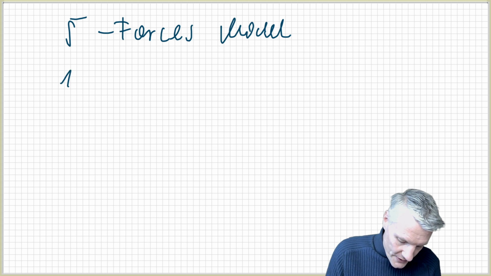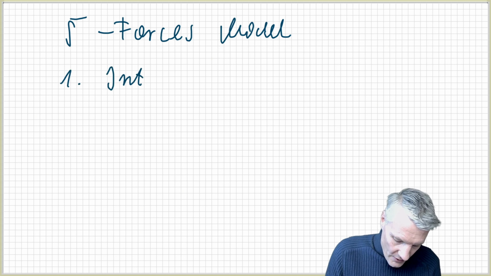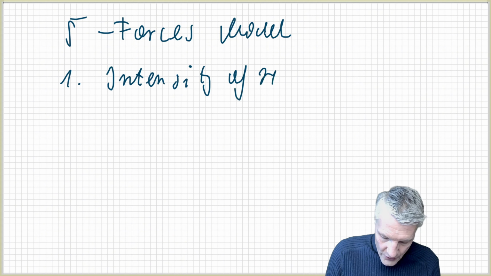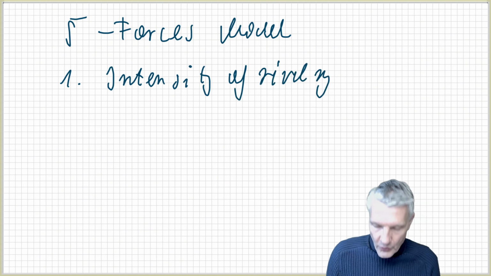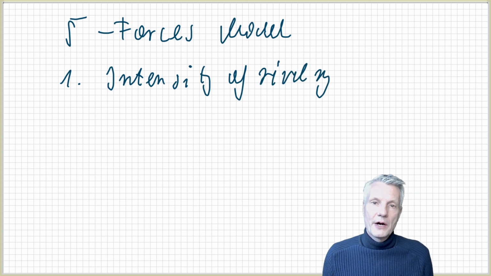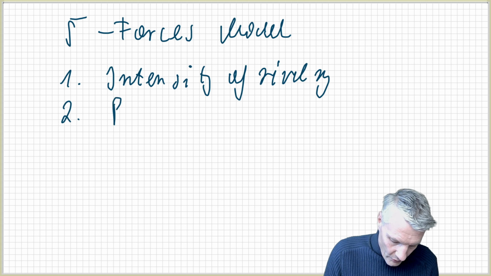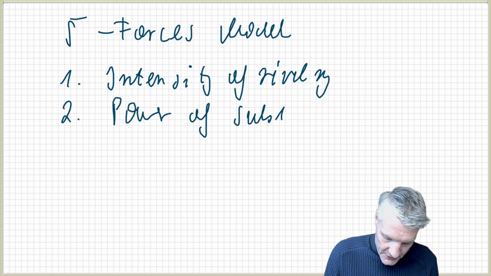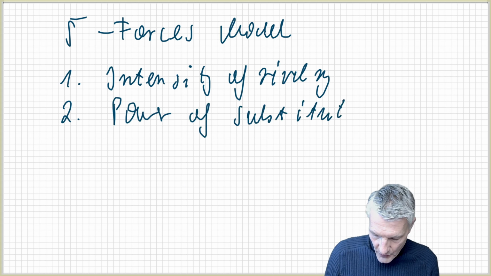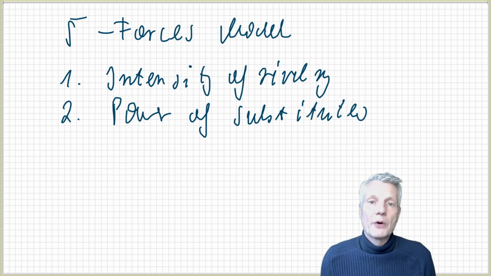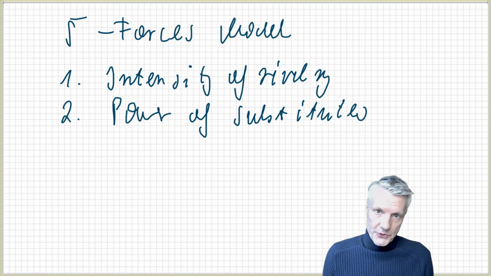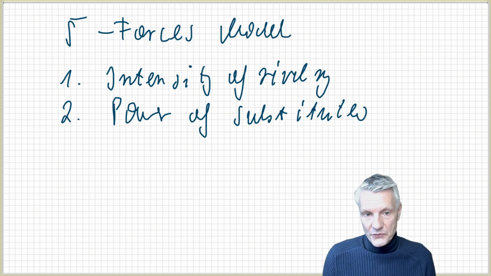The first force is intensity of rivalry. So how many competitors are in a given market? The second one is the power of substitutes. So how many substitutes are in a given market? The more substitutes there are, the less attractive a market segment becomes, of course.